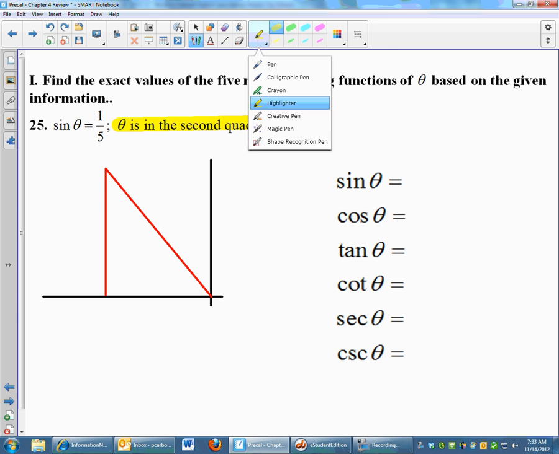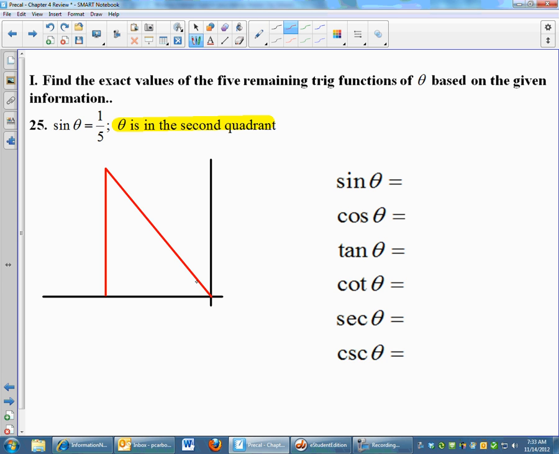Your angle theta is right here. And if you're given sine is 1/5, remember SOHCAHTOA. Sine is opposite over hypotenuse, so 1 is my opposite, and 5 is the hypotenuse.